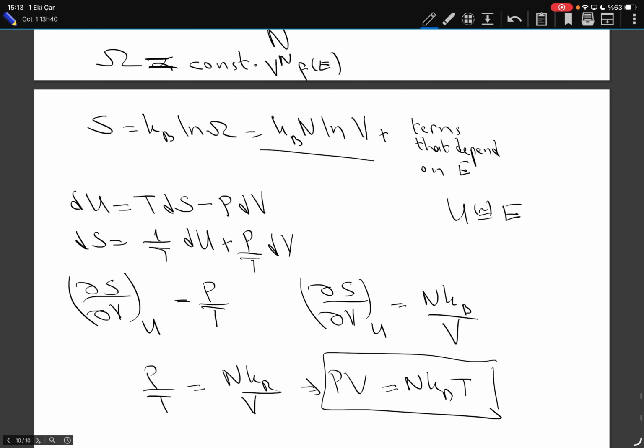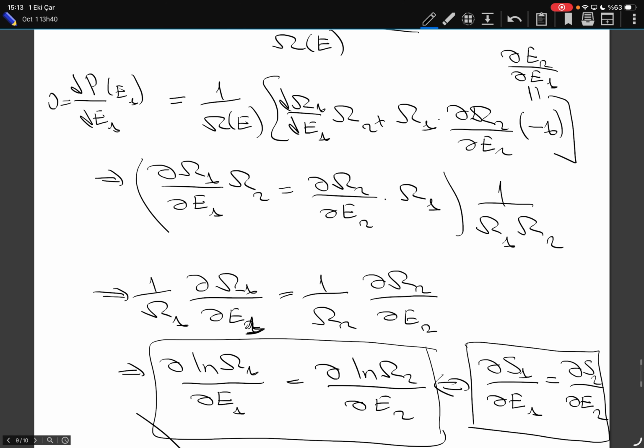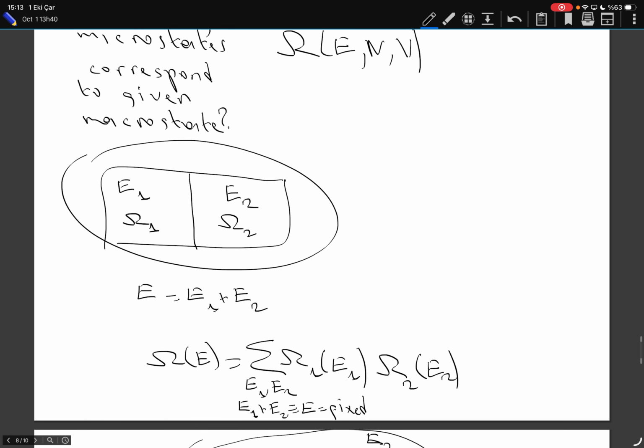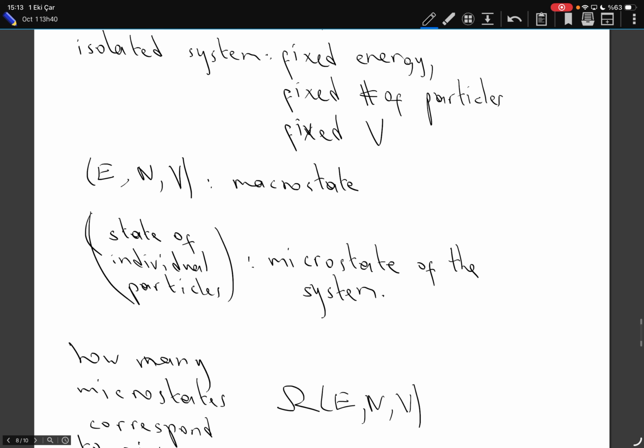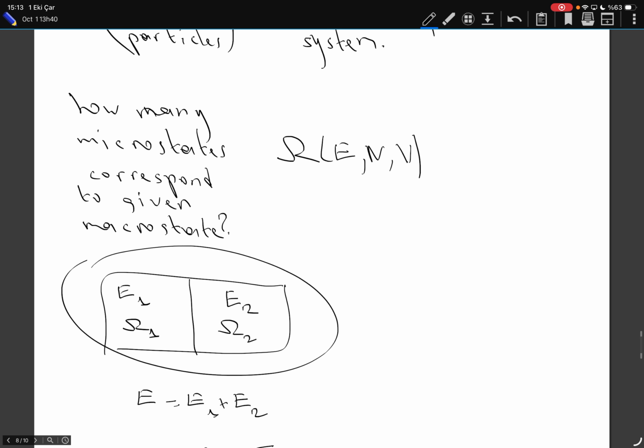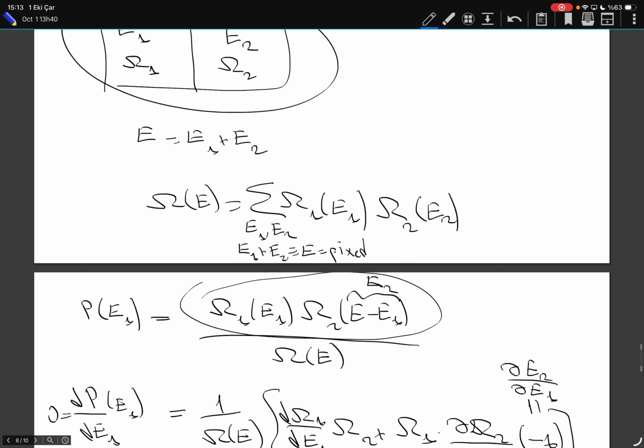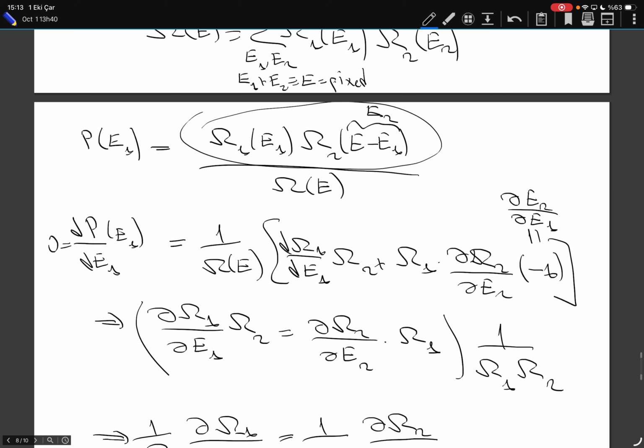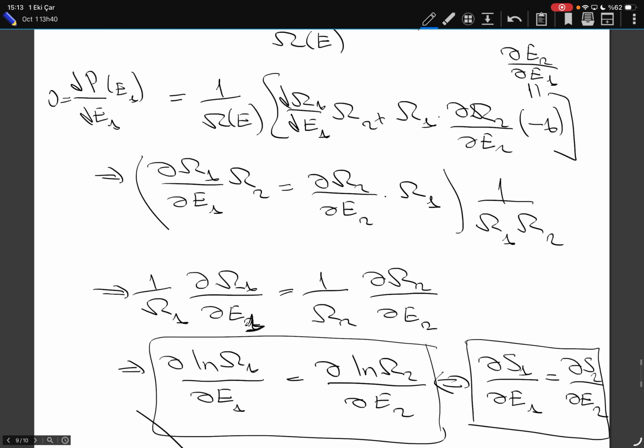So what did I do? I looked at the statistics of my problem. I counted the microstates. I looked at the most probable state. Then I assumed that the most probable state is the state in which my system is in equilibrium.